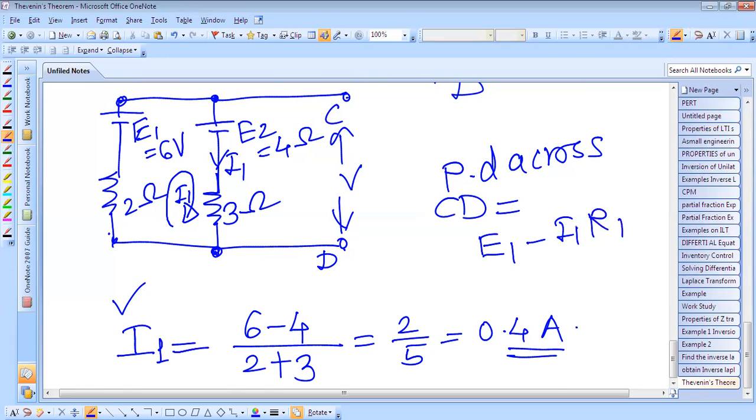This is the potential difference across CD, or E2 minus I1 R2, where this is R1 and this is R2. So the potential difference across CD is nothing but E1 minus I1 into R1, or E2 minus I1 R2. We'll use this formula and find the potential difference across CD.